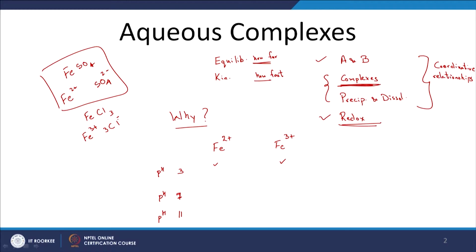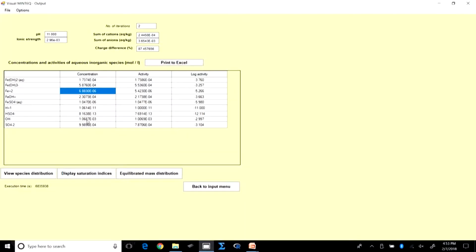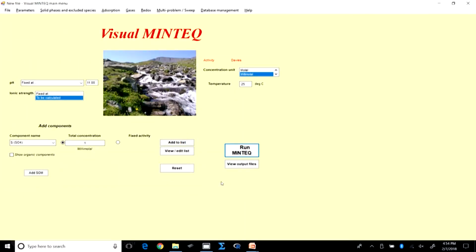Earlier I plugged in FeSO4 to see what complexes Fe2 plus can form. Now I am just trying to illustrate the behavior of Fe3 plus. Now we are going to look at some particular relevant aspects. So go back to the input menu. I am going to again start with pH at 3.